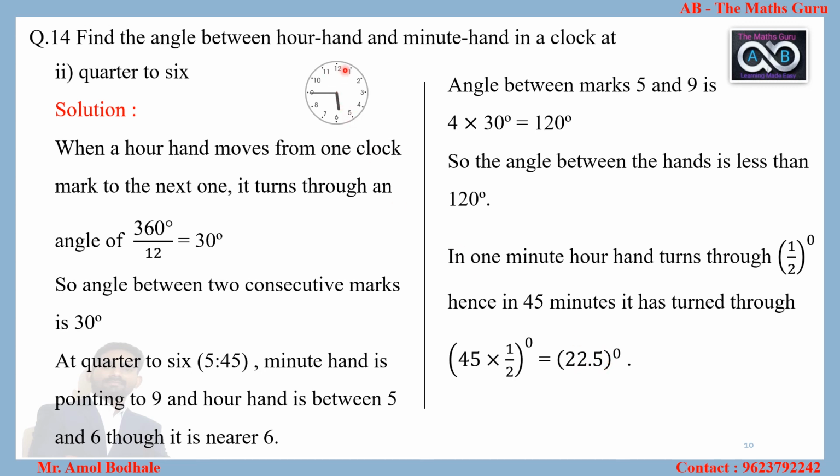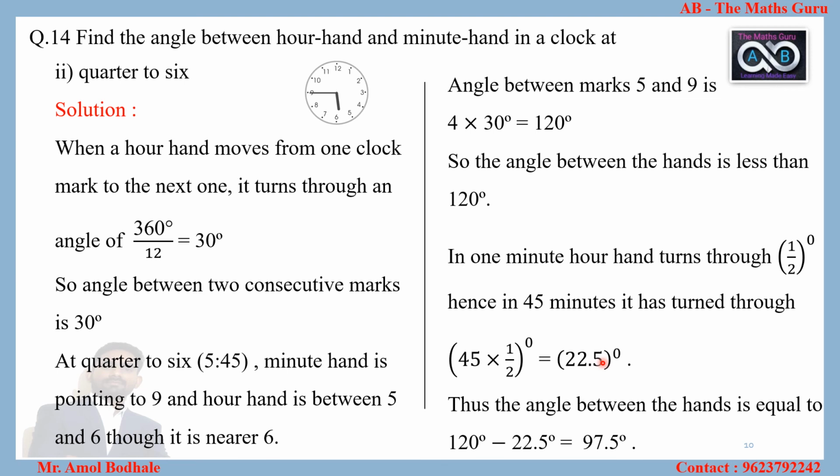That means in 45 minutes the hour hand from 5 turns through 22.5 degrees, and hence the angle between the hour hand and minute hand must be 120 minus 22.5. Thus the angle between the hands is equal to 120 minus 22.5 degrees, which is equal to 97.5 degrees. So in this way we can calculate the angle between two hands of a clock.